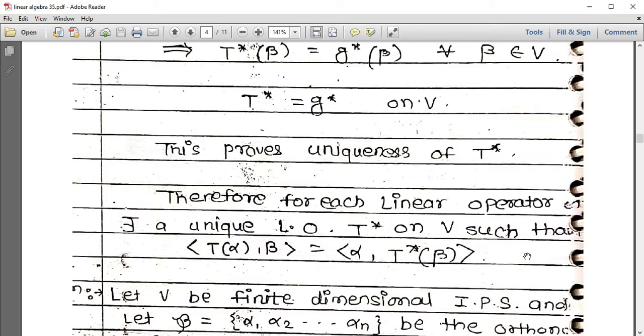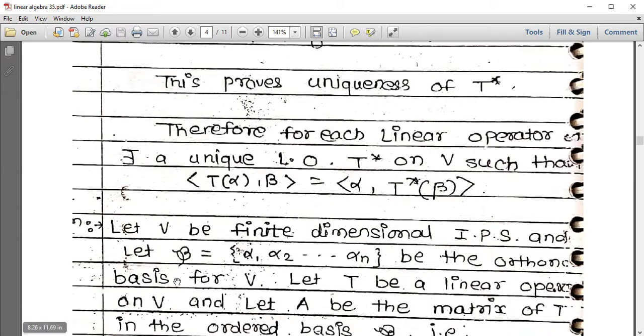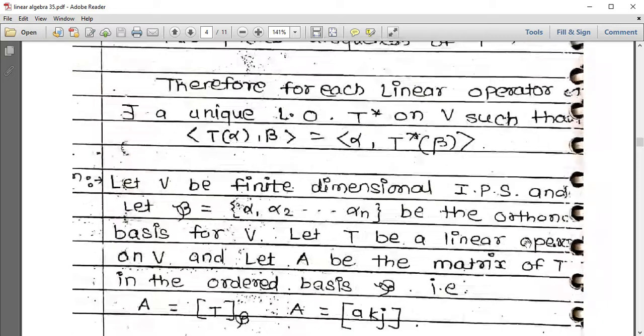Now, the next theorem. Let V be a finite dimensional inner product space and let curly beta, alpha 1, alpha 2 up to alpha n, be an orthonormal basis for V. Let T be a linear operator on V and let A be the matrix of T in the ordered basis beta.